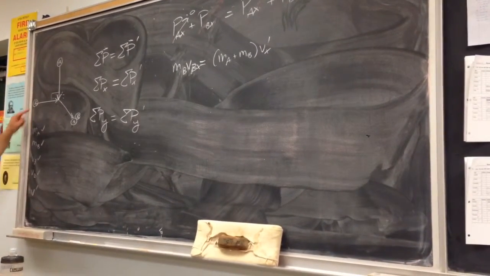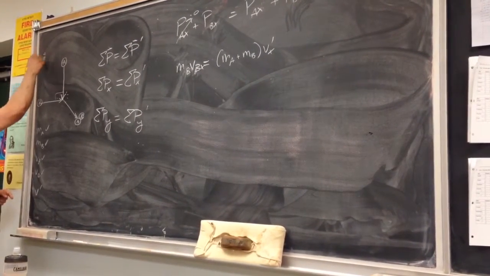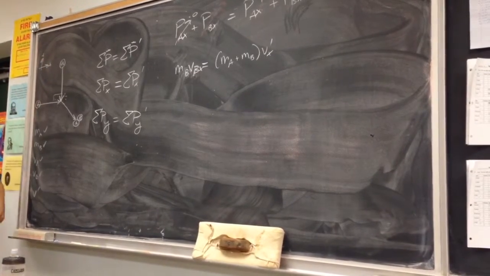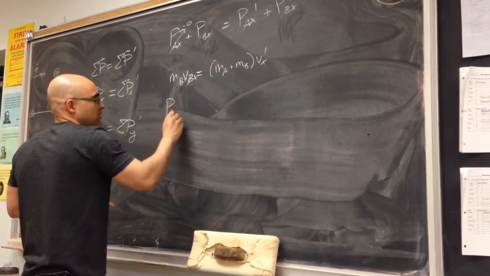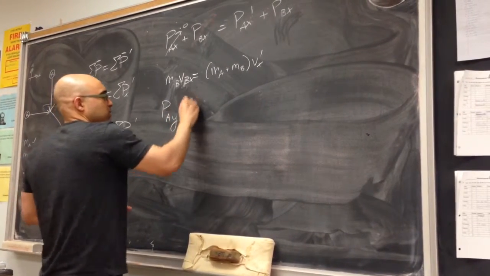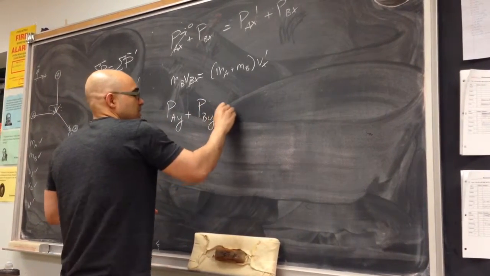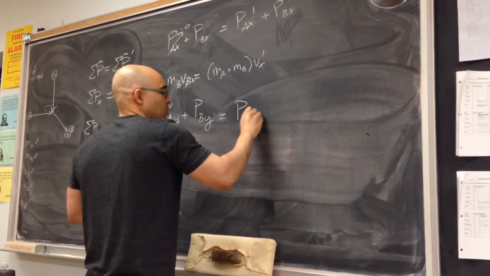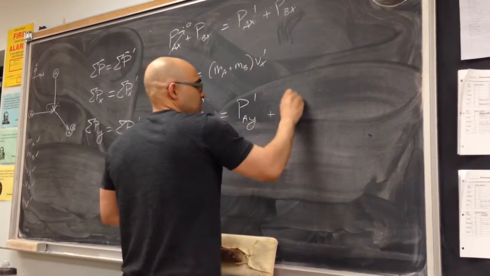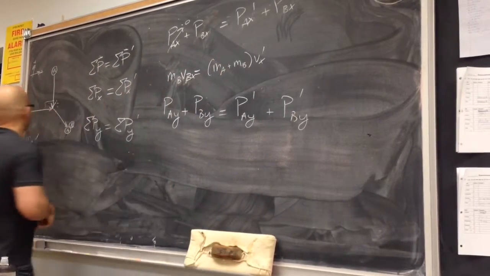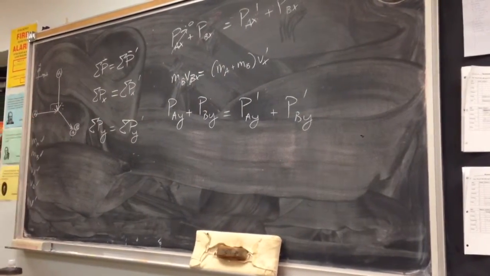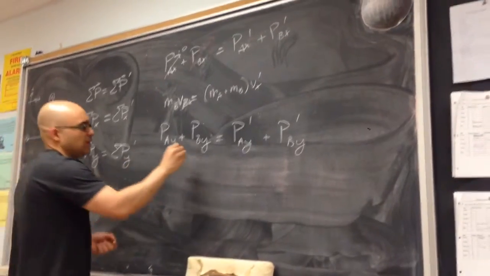In the y, and of course, with these sorts of questions, we always define our positive and negative directions. So for the y, we've got the same thing. Momentum of A in the y plus momentum of B in the y equals momentum of A in the y prime plus momentum of B in the y prime. This time B has got no momentum in the y, so this is the one where B goes to 0.